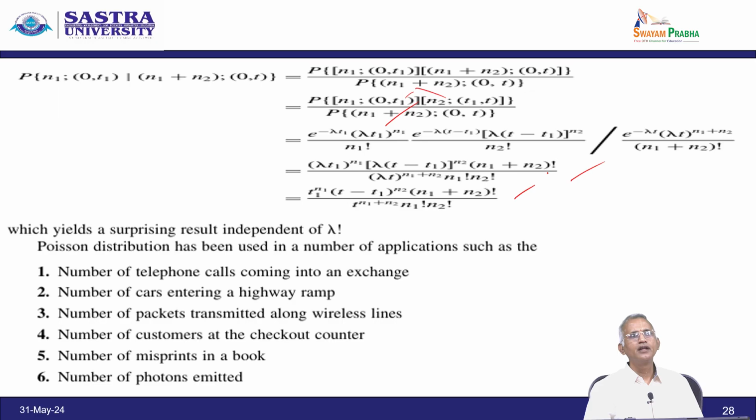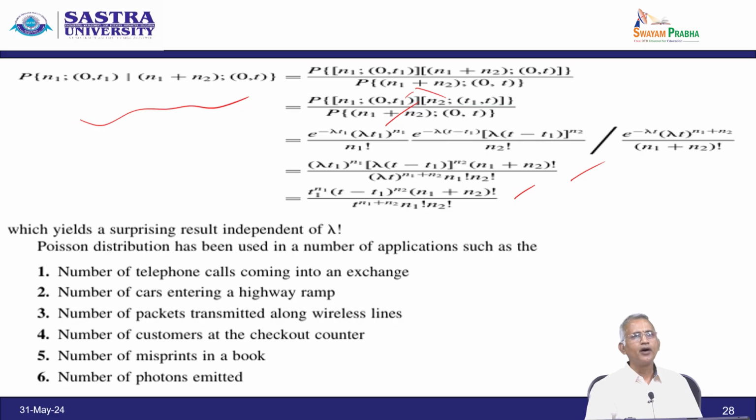So, we have t1 power n1 into (t minus t1) whole power n2 times (n1 plus n2) factorial by t power n1 plus n2 into n1 factorial into n2 factorial. So, this is the meaning of one being conditional over the other. So, this yields the independence from lambda.